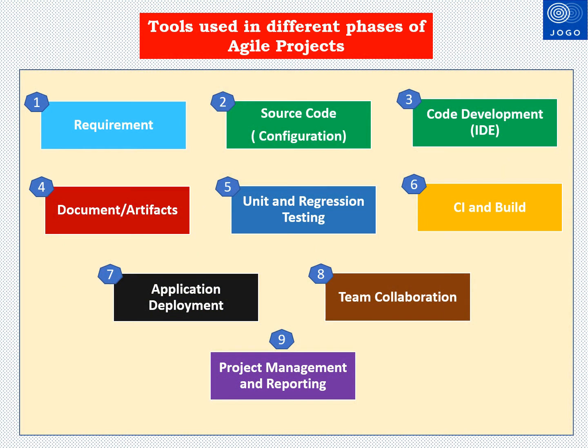Various activities are performed by the Agile teams in the product or software development phases. I will cover the popular tools used in each of these phases in this video.